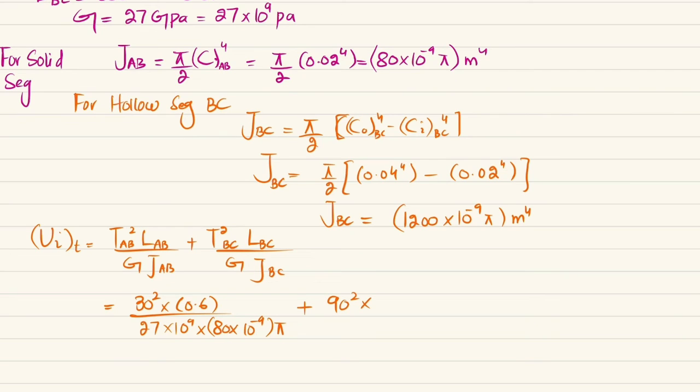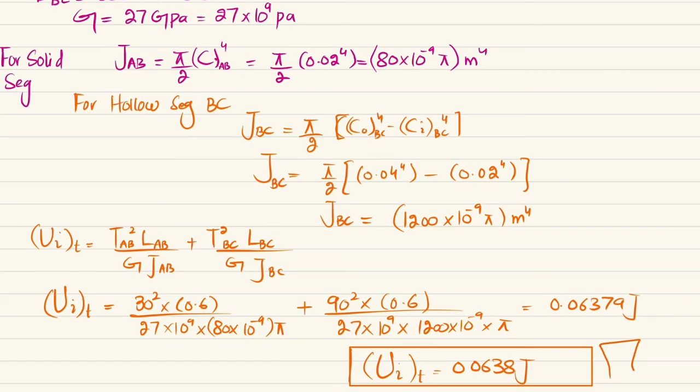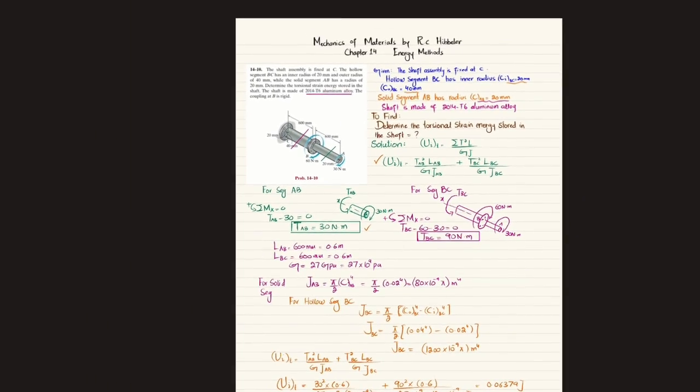So 90 square multiplied by length 0.6 divided by G, 27 into 10 raised to the power 9, and J, 1200 into 10 raised to the power minus 9 times pi. That will give you strain energy due to torsion. When you solve this, you will get 0.0638 joule. So this is the amount of strain energy that will be stored in the shaft due to the applied torque. And that was all about this problem 14-10.